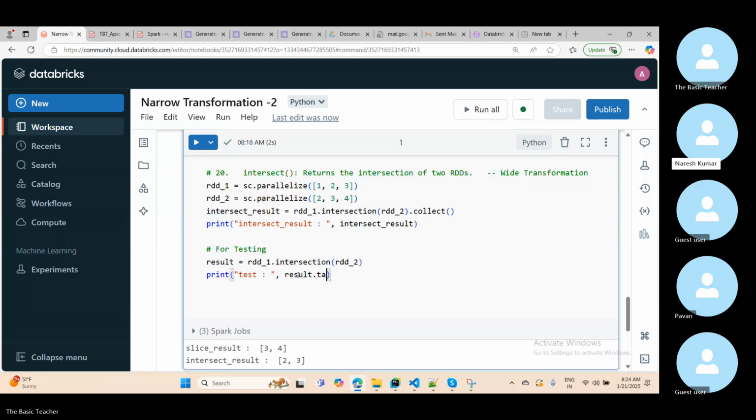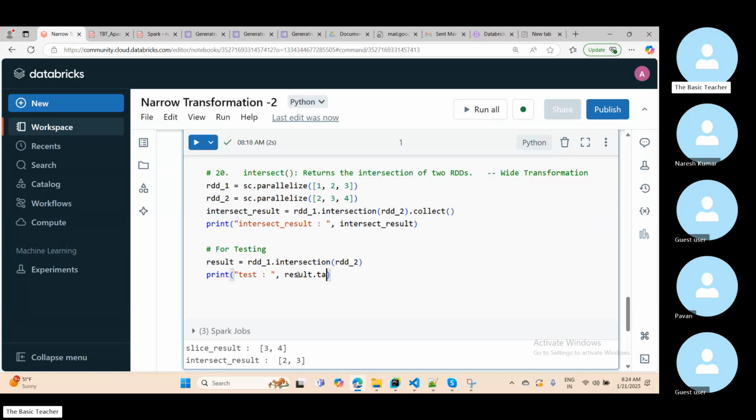Screen stuck. I don't know if the issue is from my side. Sorry, the screen is stuck on the print statement only. Let's see that. Yesterday also we saw the same, right? Okay. So using take, you are good.